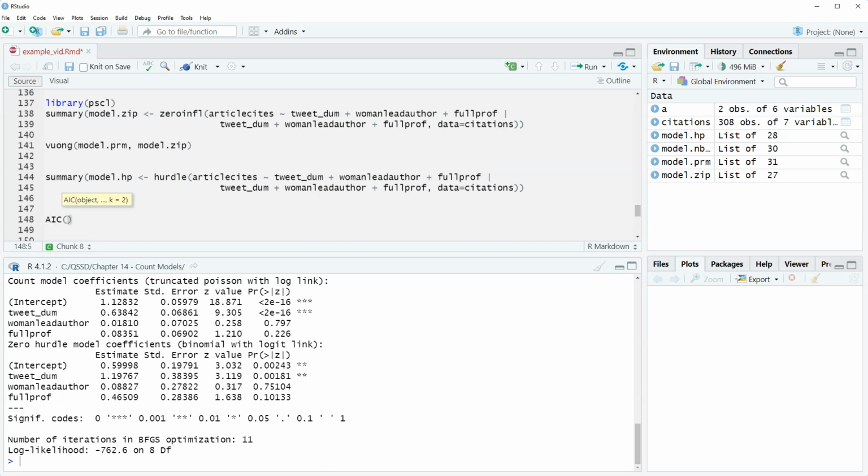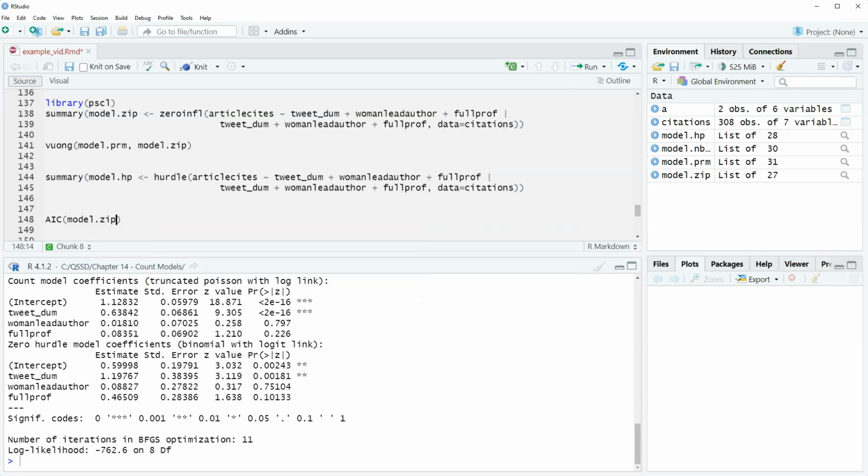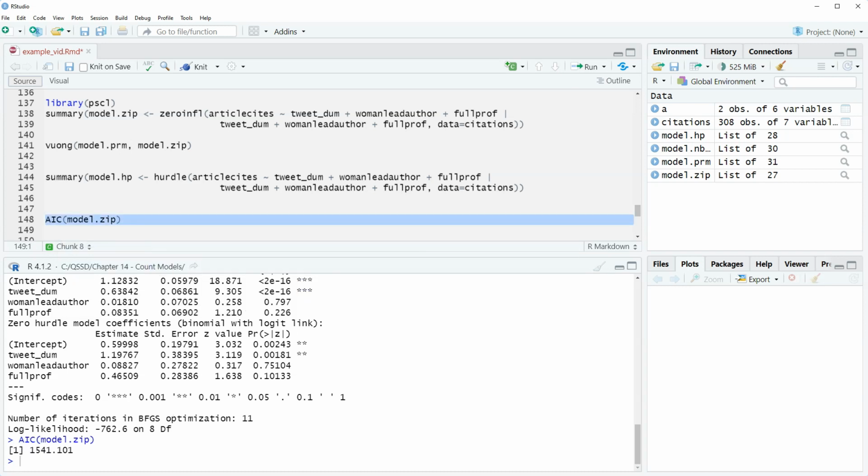First, we'll look at the AIC of the ZIP model, the zero inflated Poisson. Okay, so 1541. Again, on its own, it literally means nothing. Now, let's look at the hurdle model.